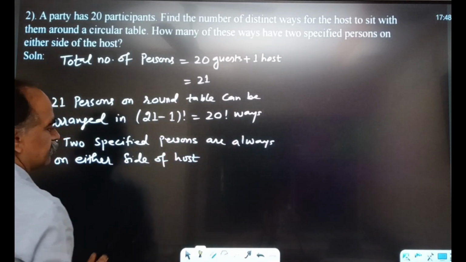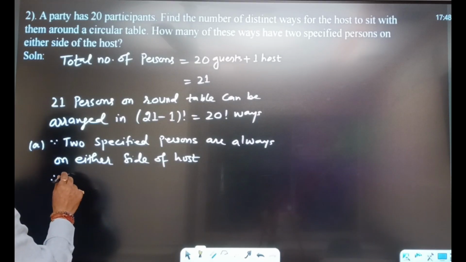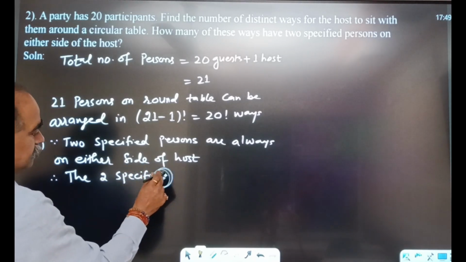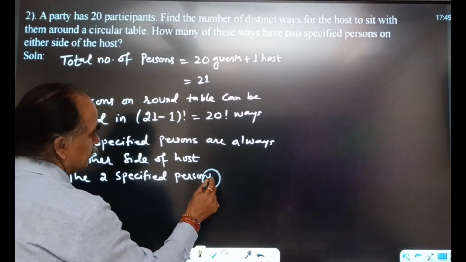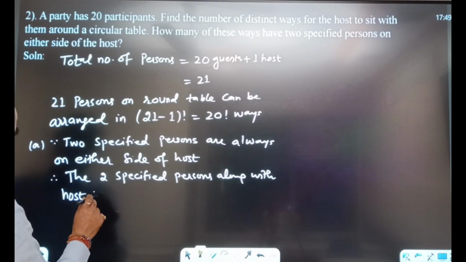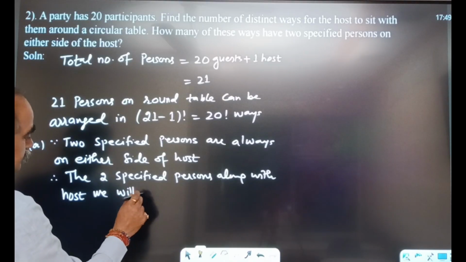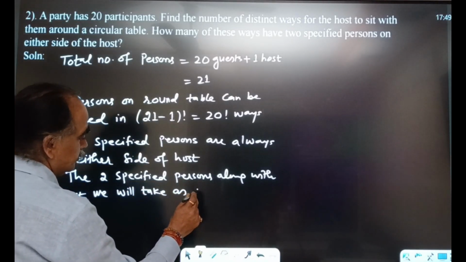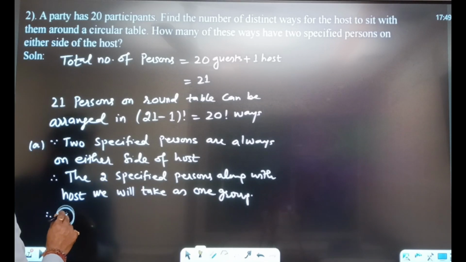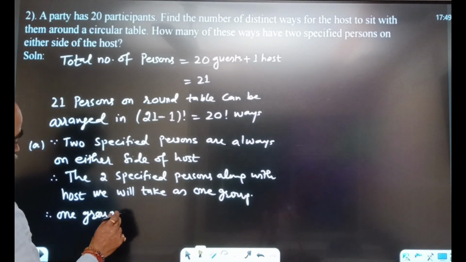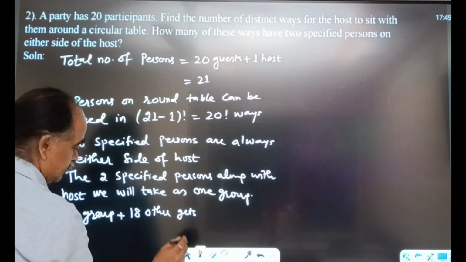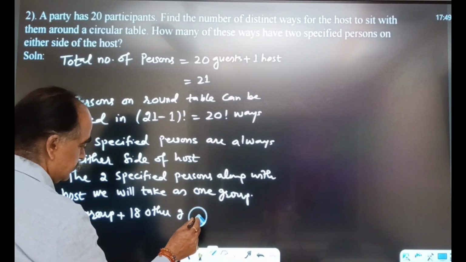The 2 specified guests who are on either side of the host among themselves can be arranged in 2P2, 2 factorial, two ways.